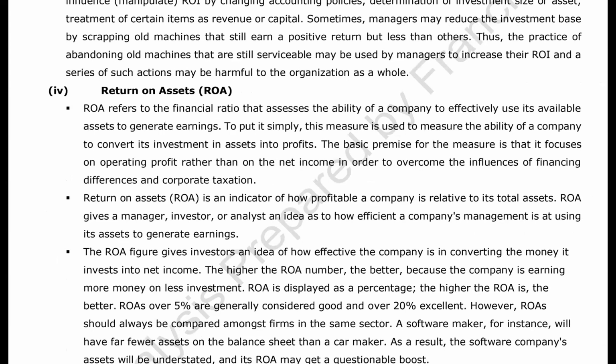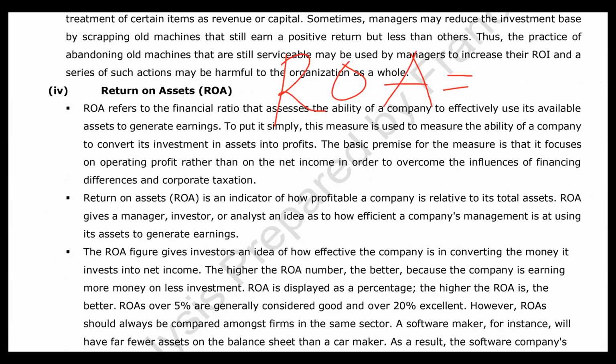Others pronounce it as ROA. Return on assets. It assesses the ability of a company to effectively use the available assets to generate the earnings. Since you are comparing, the higher the ROA, the return on assets, the better.